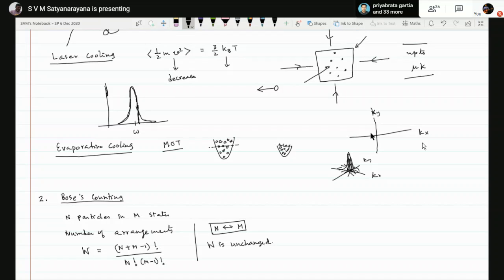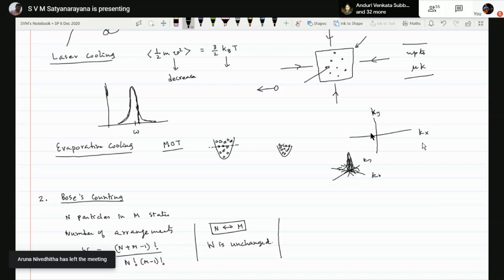This feature is what I was trying to say in an earlier class, that you can make a transition from particle centric nature to state centric nature, because there is a symmetry between these two in this way of counting. Instead of asking how many ways these many particles can be populated in these many states, I can simply ask what is the occupancy of a particular state.